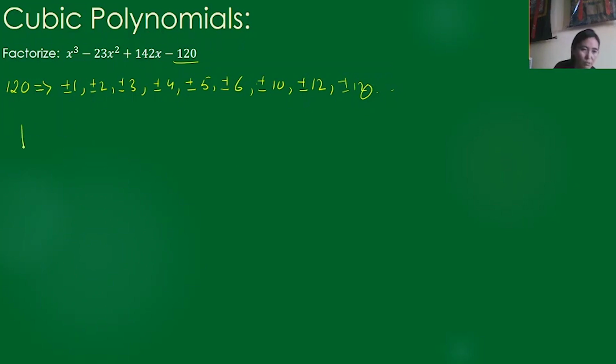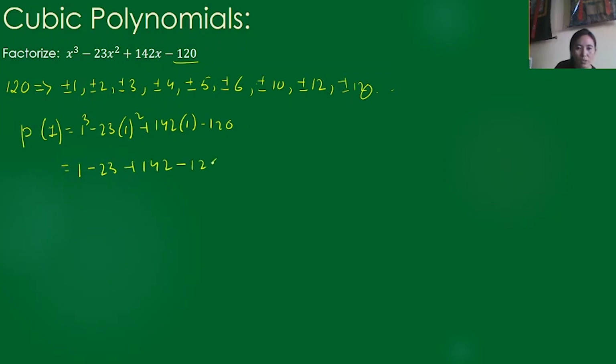Now you have to find one factor first. So we'll use the factor theorem. Let's take p of 1. You get 1 cube minus 23 into 1 square plus 142 into 1 minus 120. 1 cube is 1, minus 23, 1 square is 1, plus 142 minus 120.